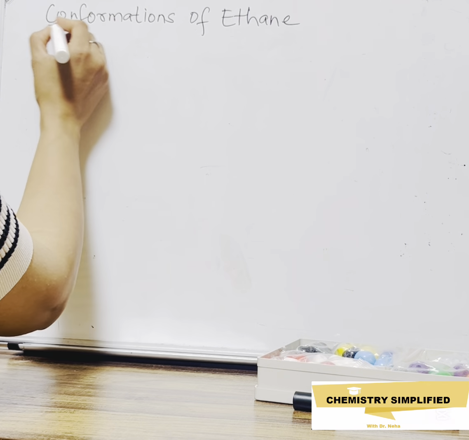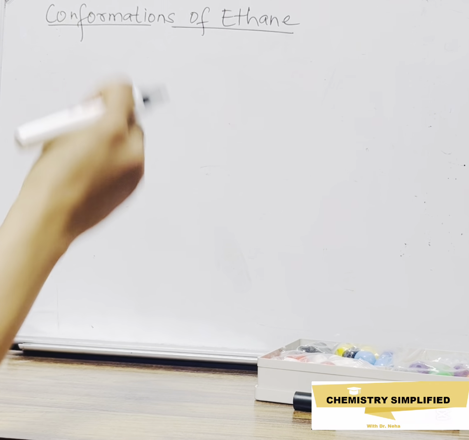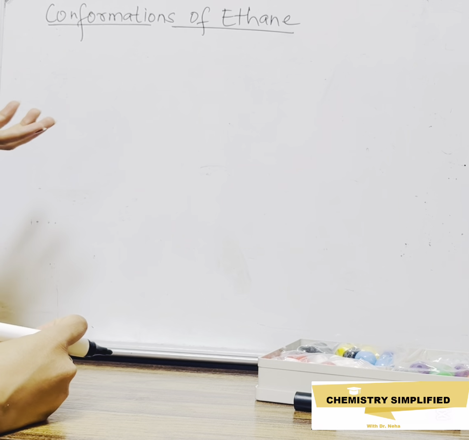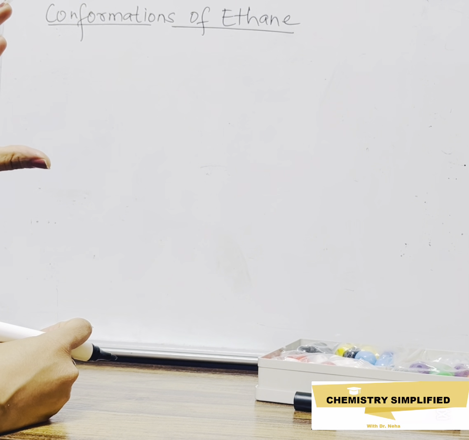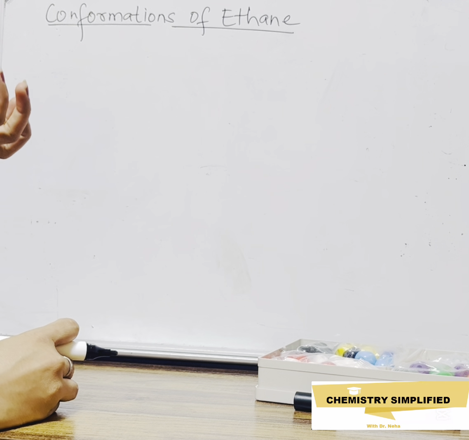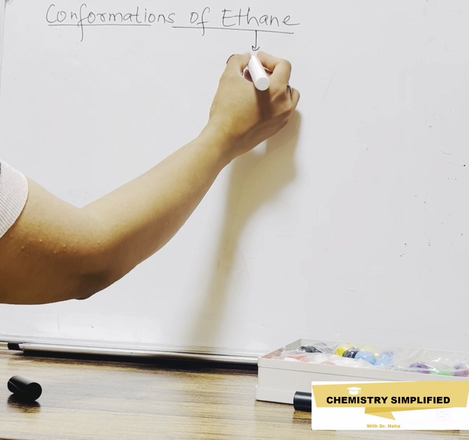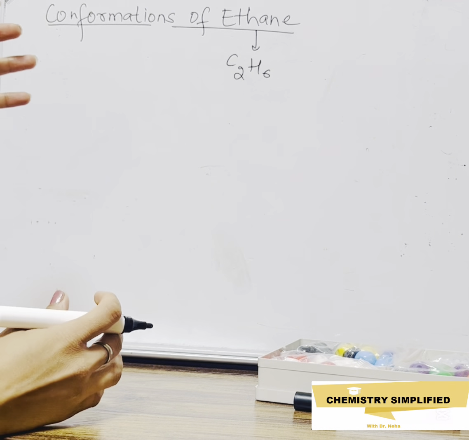Okay, now conformations in very simple language, you can say conformations are nothing but the different forms of ethane. We know that in ethane we have two carbon atoms. C2H6 is the molecular formula.